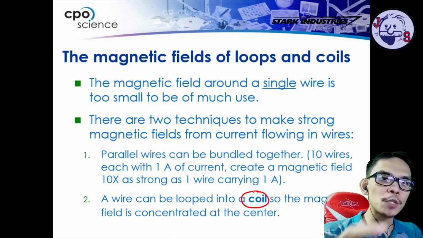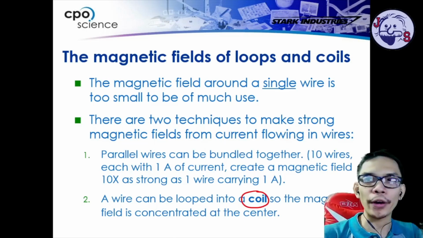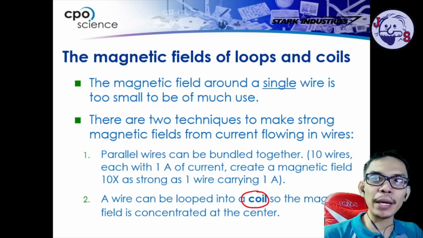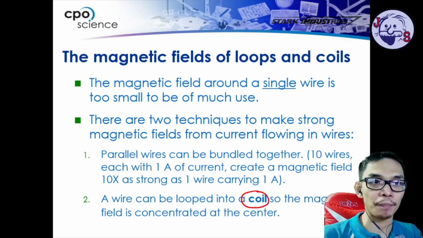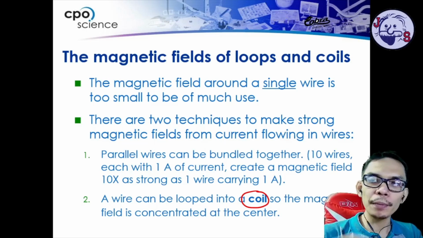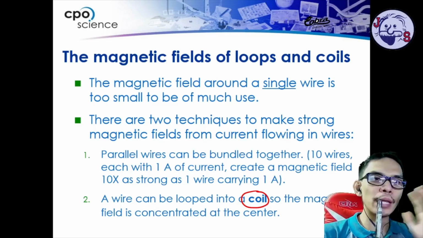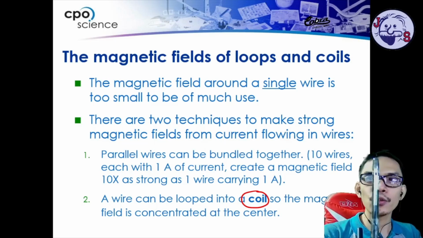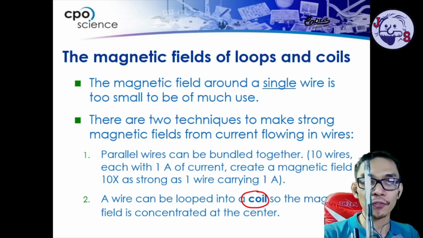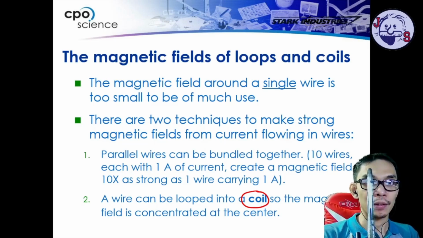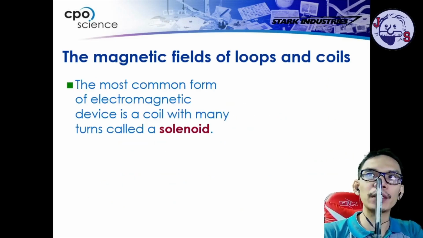If you transform this wire into a coil, the field will now be concentrated at the center, so without adding additional wire, you can strengthen your magnetic field.